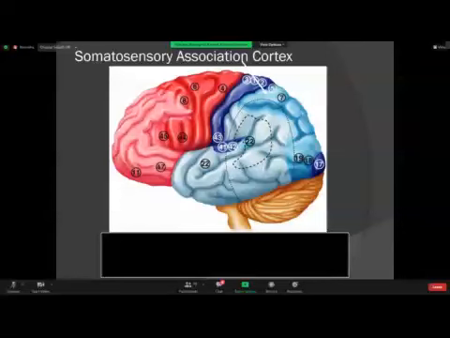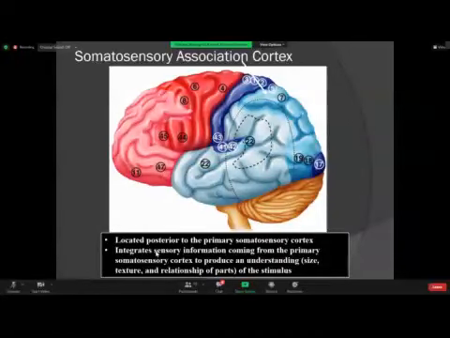Then we come to, so we were talking about the primary sensory cortex. This is the somatosensory association cortex that we see. Now, the role that it plays, sorry about that. It basically is located posterior to the primary somatosensory cortex.